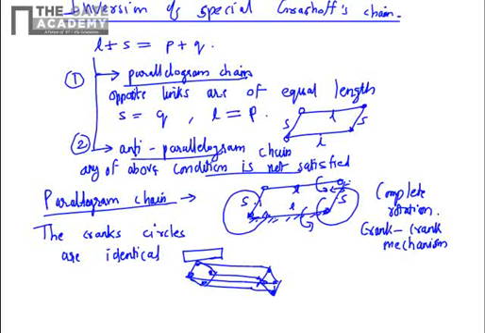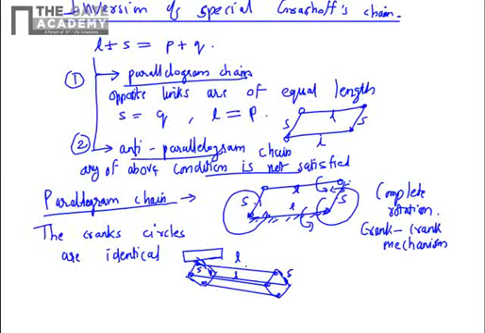So if you consider this kinematic chain, there is one link, there is a parallel link. So you will get a parallelogram linkage here. So a parallelogram chain is formed here. This is the shortest link, this is the longest link, L, L, S and S.